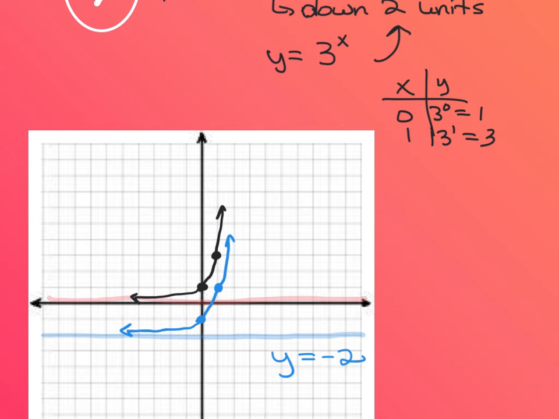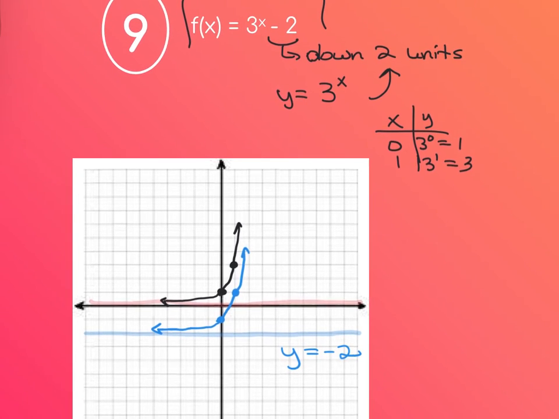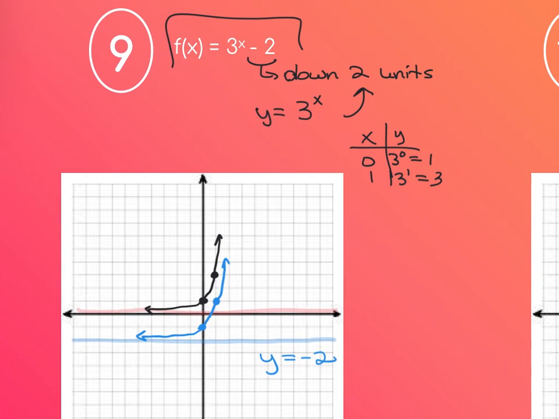It's a lot easier just to do the shifts versus doing a table and plugging it into the original function. You could still get numbers by plugging it into the original, but it's a lot easier just to apply the shifts. So again, when it's added or subtracted to the base, it's a shift vertically up or down.